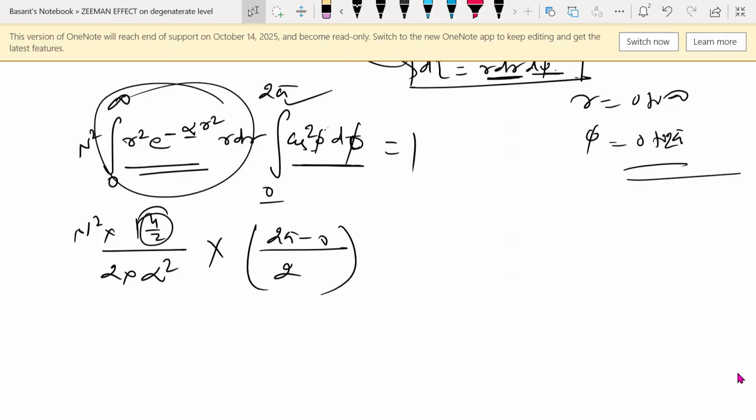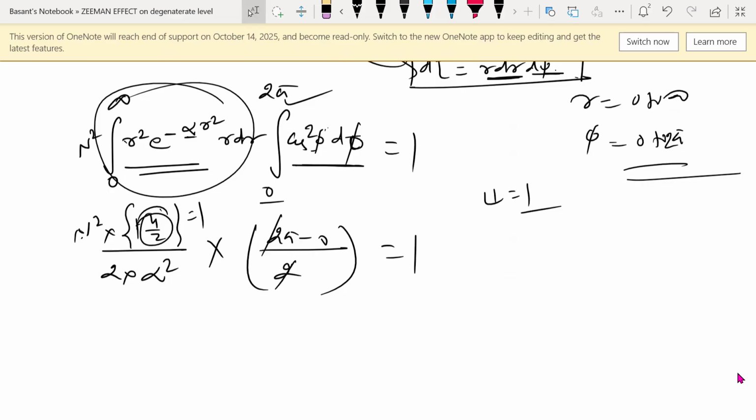You can do this. This is equal to 1, because this is factorial 1.